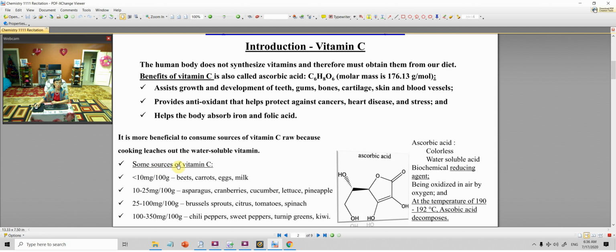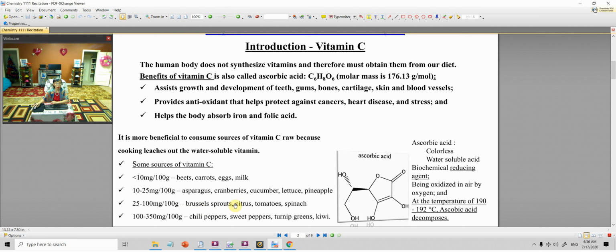Some sources of vitamin C are listed below. Usually in beets, carrots, eggs, meats, milk, you do have vitamin C, about 10 milligrams per 100 grams. In some other vegetables, you have 10 to 25 milligrams per 100 grams.